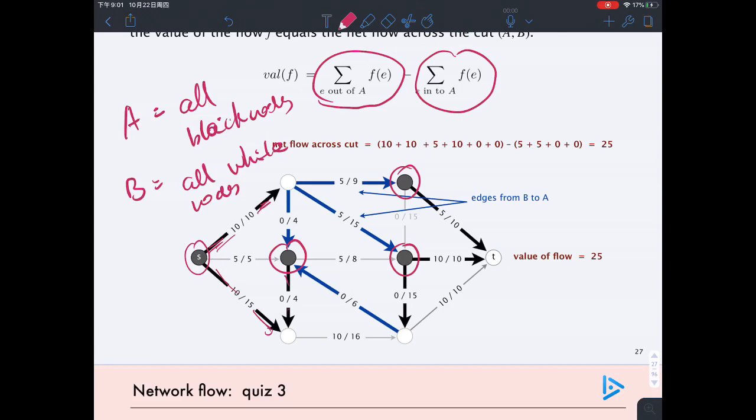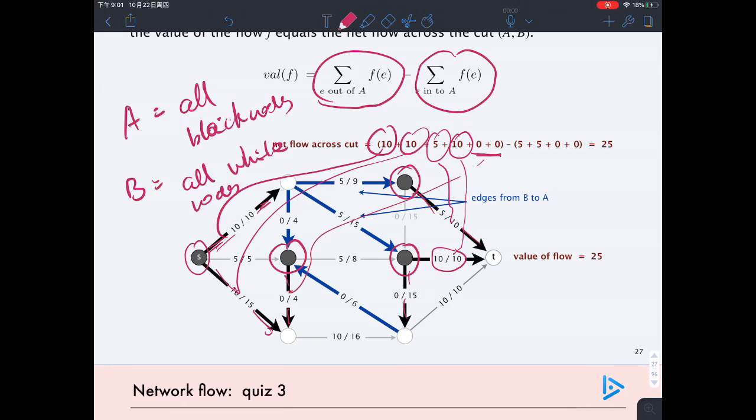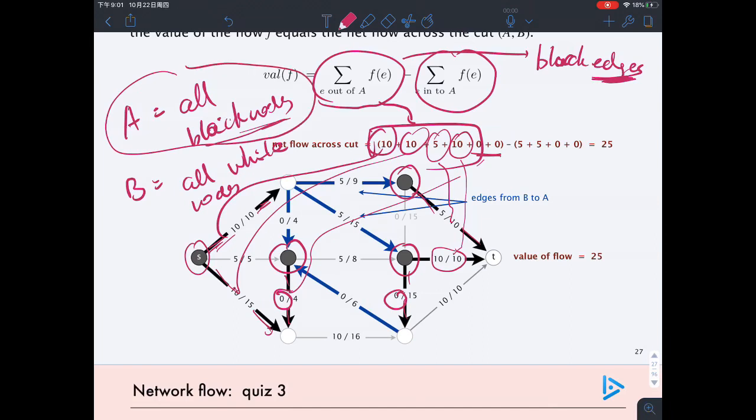If I look at all the black edges, it will be 10 plus 10 plus 5, plus 10, another 10 over here, and then there are 2 zeros. I'm not using any flow here. Those correspond to the black edges, so pay attention: we use black edges and black nodes, since A consists of all the black nodes.